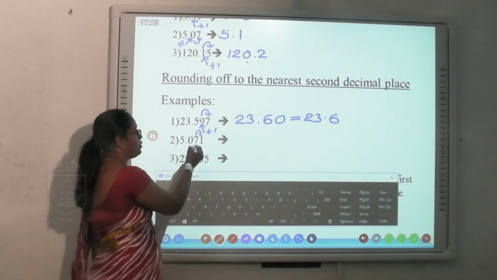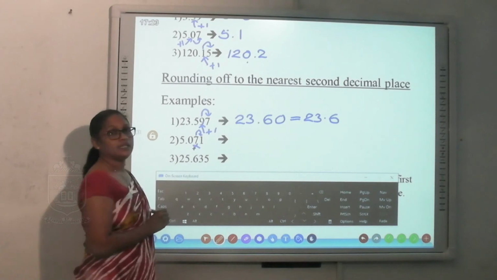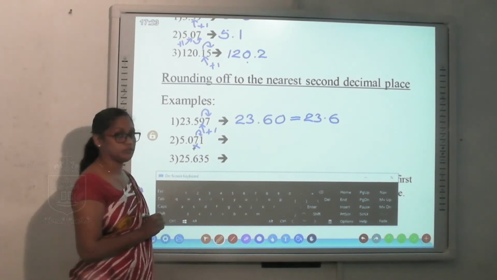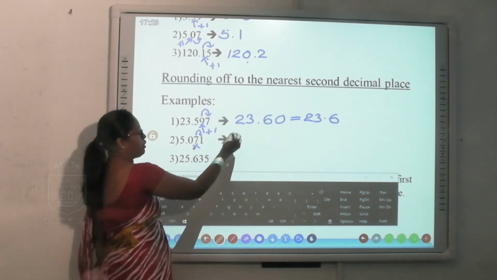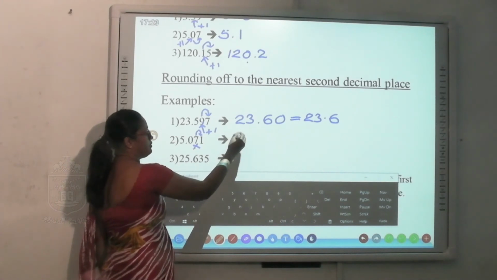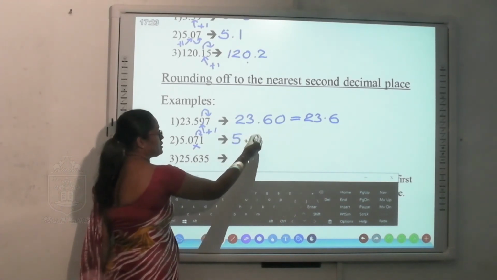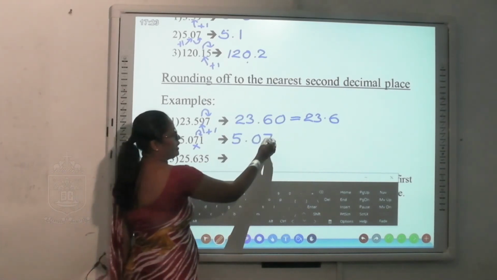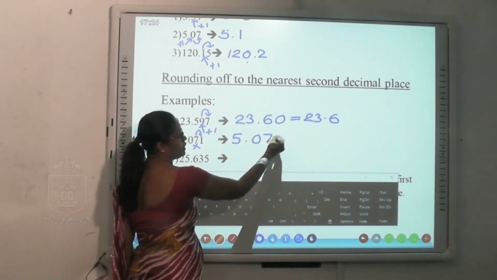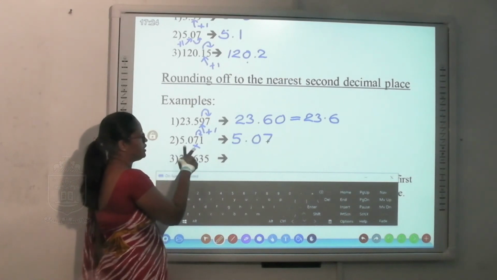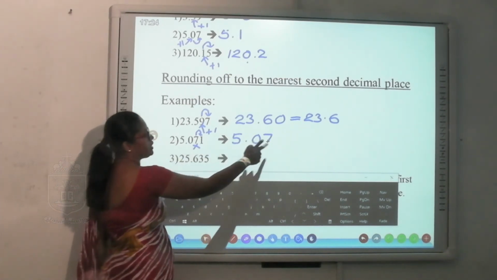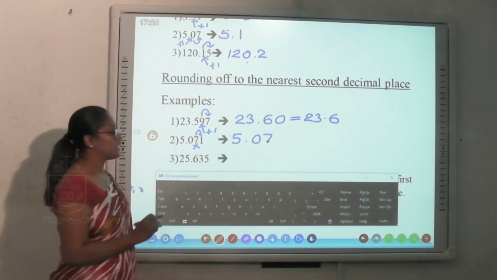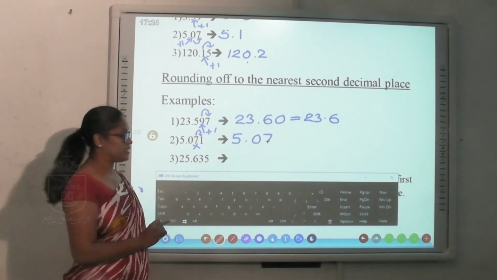That means we don't add anything to the second decimal place. So the rounded off number is 5.07, right? The third decimal place becomes 0 once we follow the procedure. Now you can see only 2 decimal places, right?